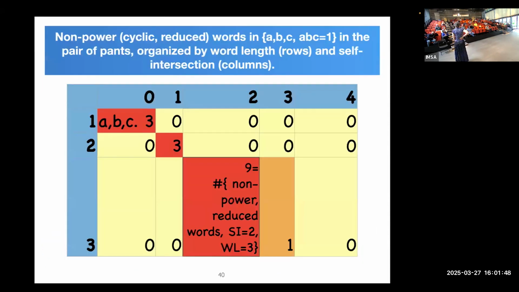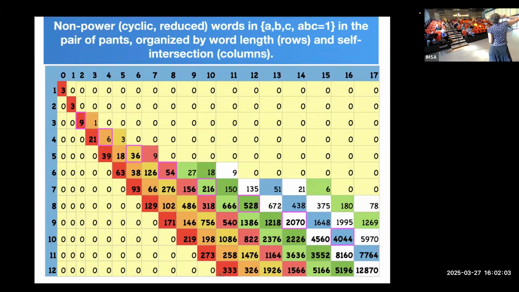I made a table again. So new alphabet, new way of computing word length for a given free homotopy class. And again, row is word length, column is self-intersection number. And here, colors do not imply same number, but there's a relation that I'm going to explain in a second.